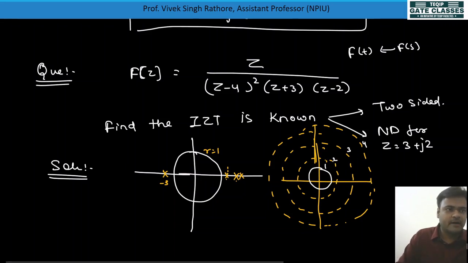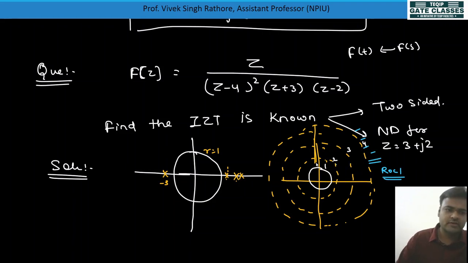Now how many ROCs can be formed? Tell me. If all are causal, then obviously the ROC will be on this side. So ROC 1 can be considered, all three portions are causal, and it will be right-sided, to the right of the greatest pole.